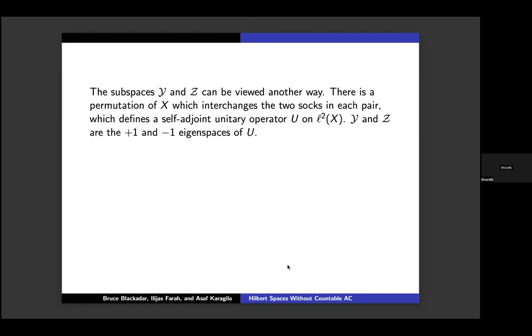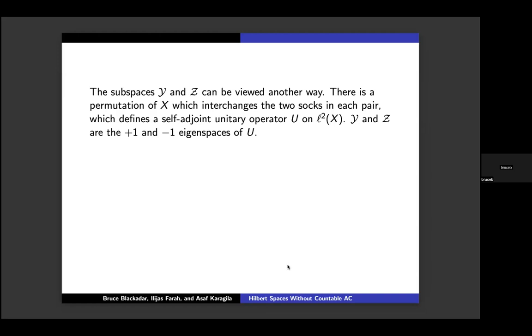We can view these subspaces Y and Z in another way, because you have a permutation of X that just interchanges the 2 socks in each pair, or the 2 basis vectors in each of these 2-dimensional subspaces. And that defines a self-adjoint unitary operator on L2 of X. The square of it is the identity. And Y and Z are just the +1 and -1 eigenspaces of this unitary.